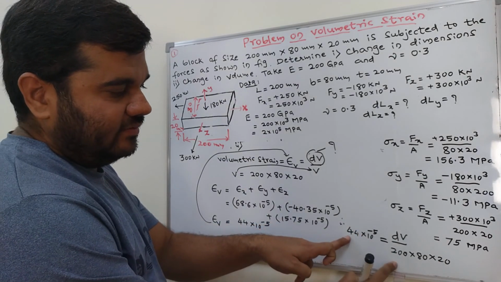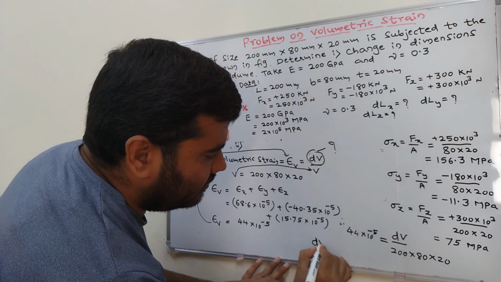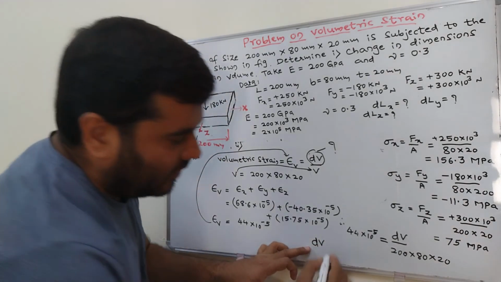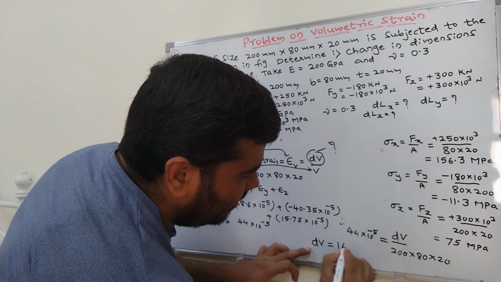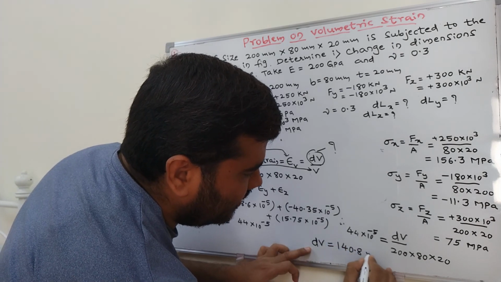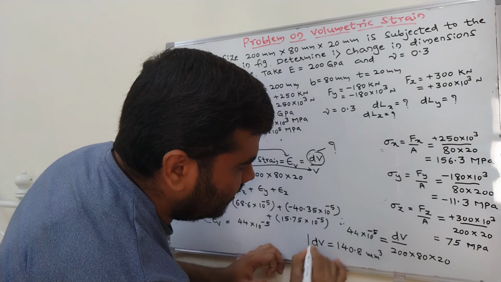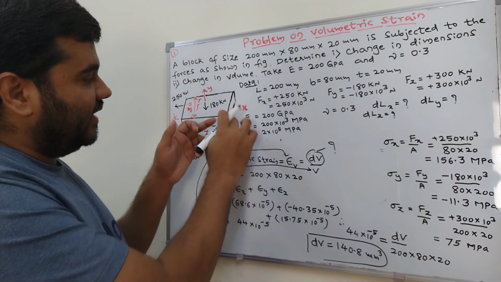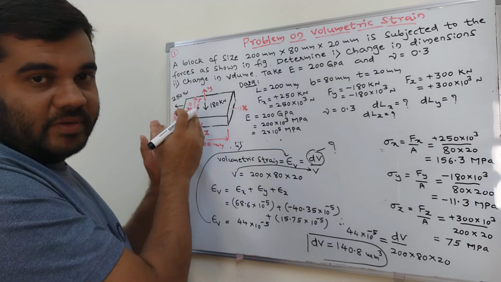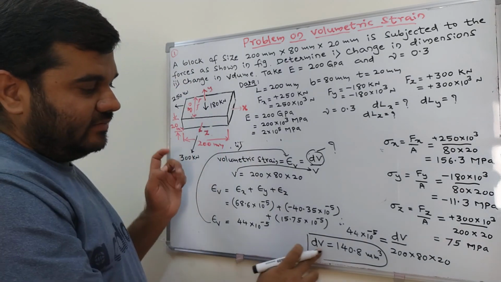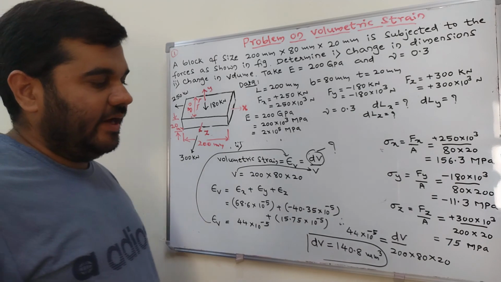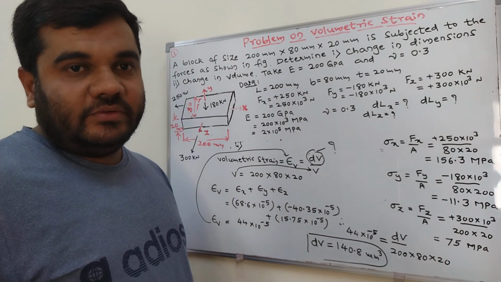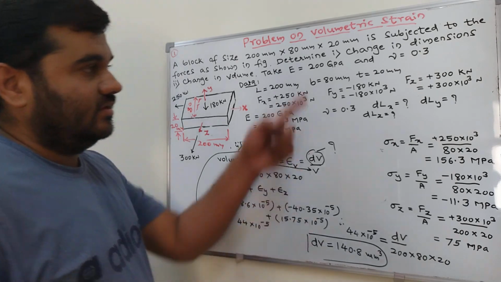Simplify everything and we get the change in volume equal to 140.8 mm cube. See, the total volume change after applying these three stresses in mutually perpendicular directions is 140.8 mm cube. This is how we need to calculate the unknown data.